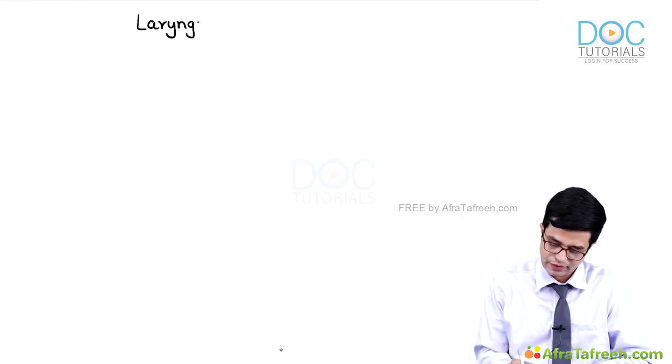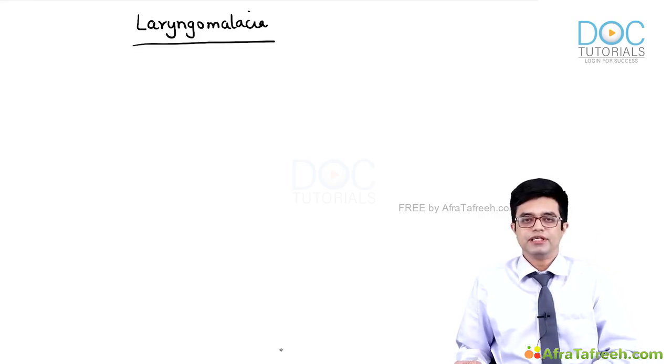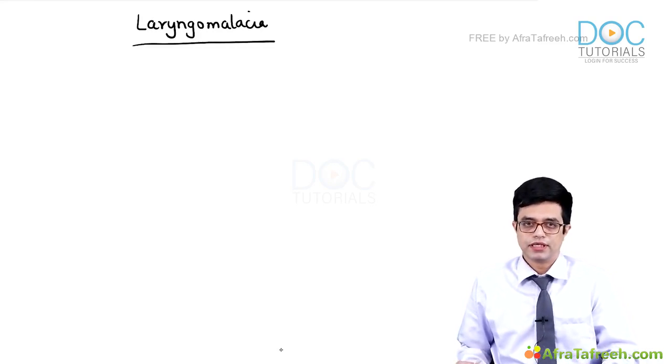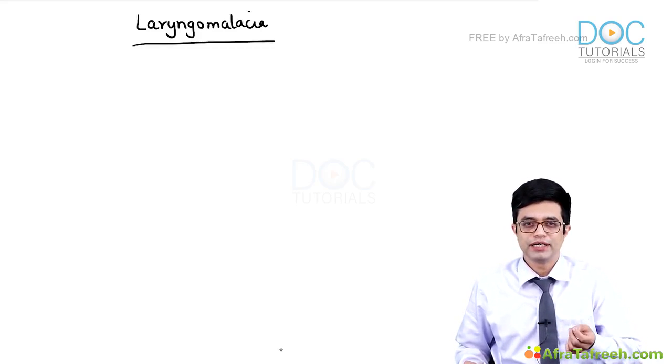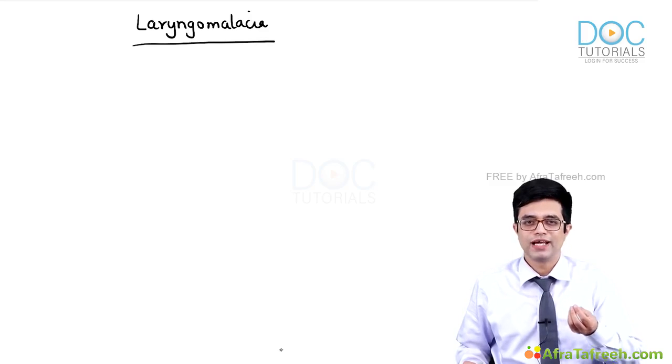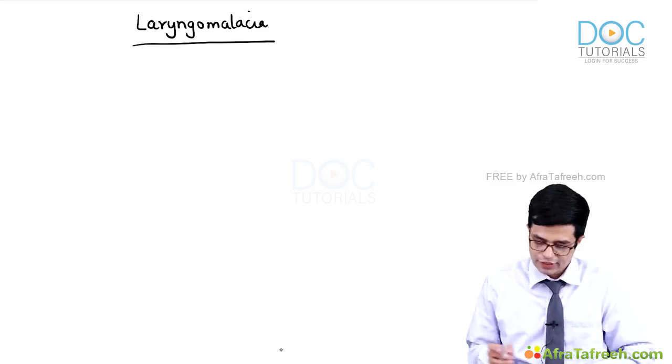Next, we come to a very important but small topic called laryngomalacia. The name itself is suggestive of the underlying condition. Laryngo means larynx, malacia means softening. Over soft, over compliant, low tone of the larynx is called laryngomalacia.